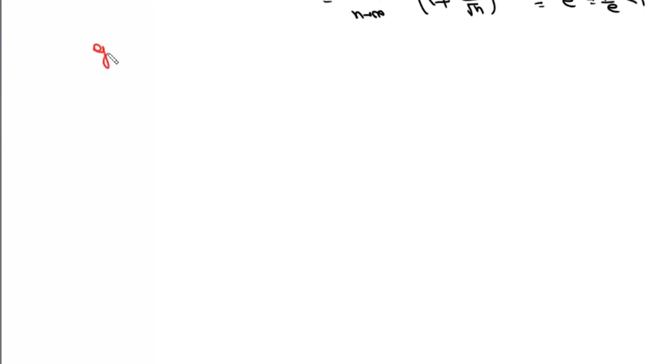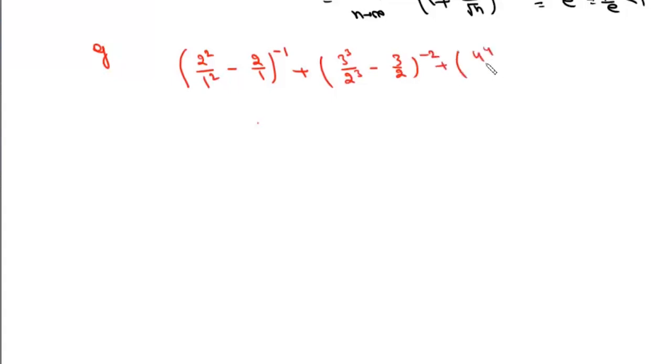Another example is we have to test for the convergence of this series: 2 square upon 1 square minus 2 upon 1 to the power minus 1, plus 3 cube upon 2 cube minus 3 by 2 to the power minus 2, plus 4 to the power 4 upon 3 to the power 4 minus 4 by 3 to the power minus 3, up to infinite.